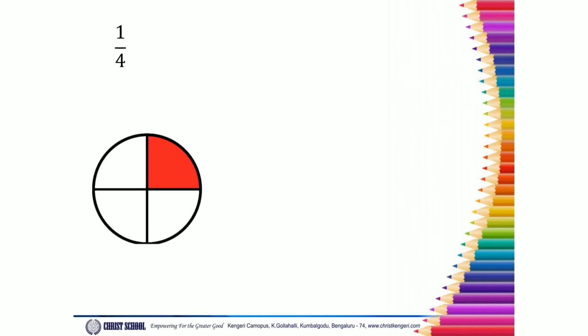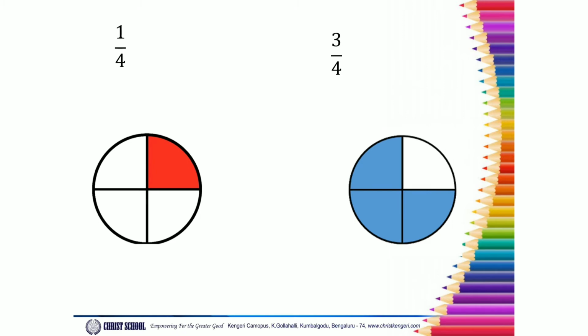Let's see one more example. 1/4. A shape is divided into 4 equal parts and one part is shaded. 3/4. A shape is divided into 4 equal parts and 3 parts are shaded. Now let's see which fraction is bigger, 1/4 or 3/4.